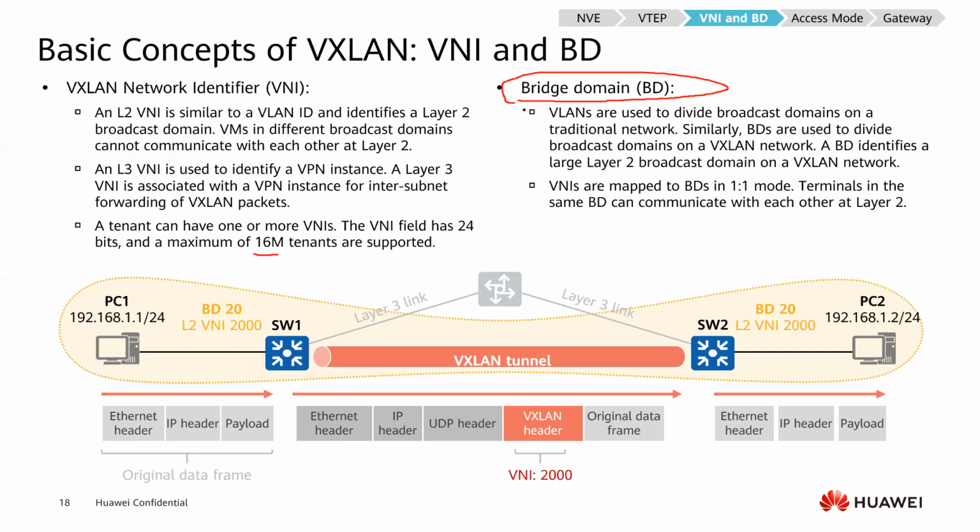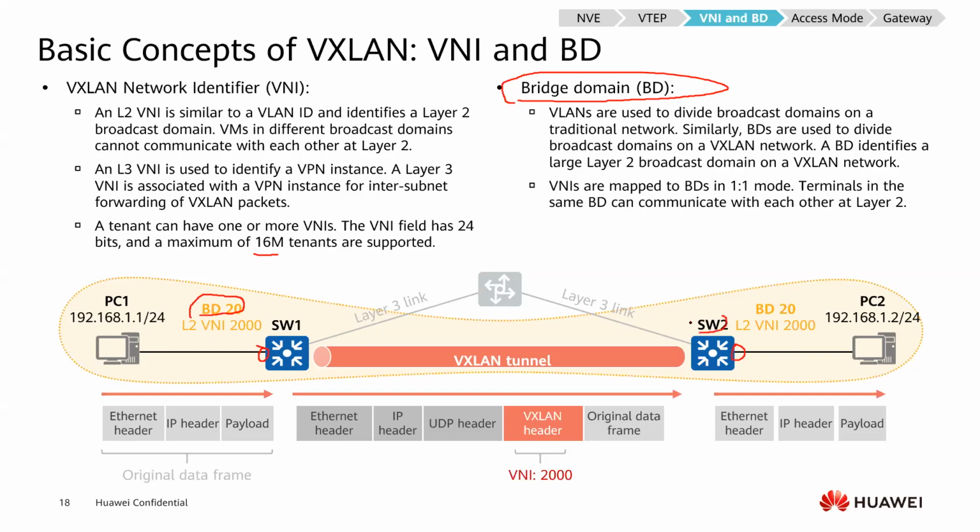But bridge domain is not a terminology that takes effect globally. It only takes effect locally. It means for switch 1 and for switch 2, they both have bridge domain 20. What it means is that this interface on switch 1 belongs to a bridge domain whose name is 20, and it only takes effect on switch 1.